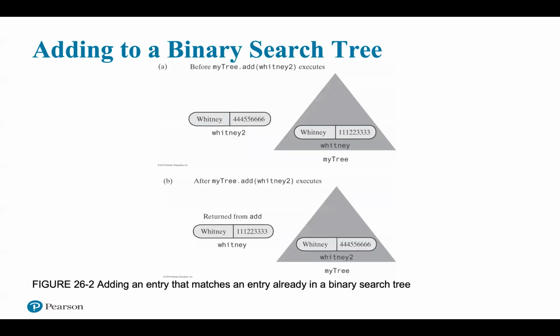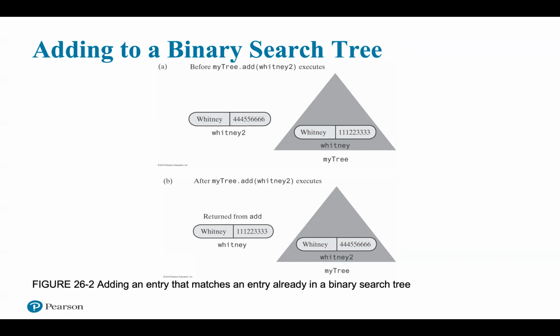Imagine a class Person that has two strings as data fields representing the person's name and identification number. The class implements the Comparable interface and so has a compareTo method. Suppose that compareTo bases its comparison only on the name field. Consider the following statements that create and add to a binary search tree.